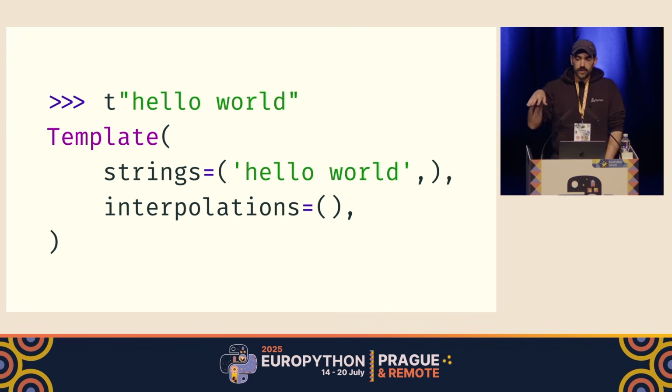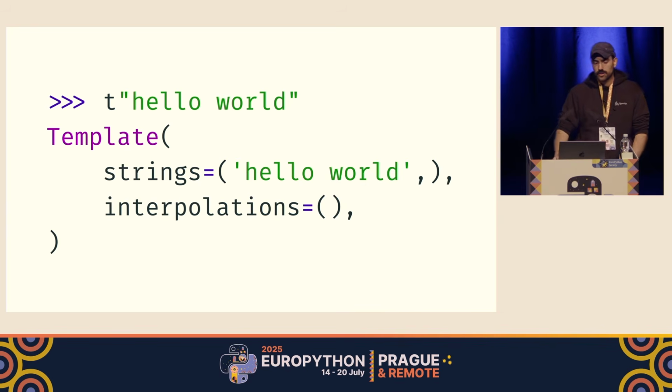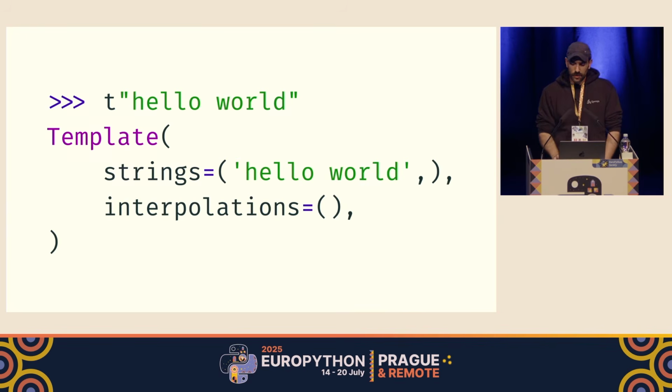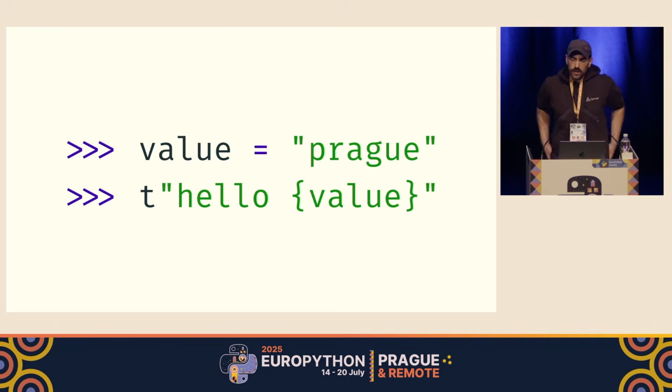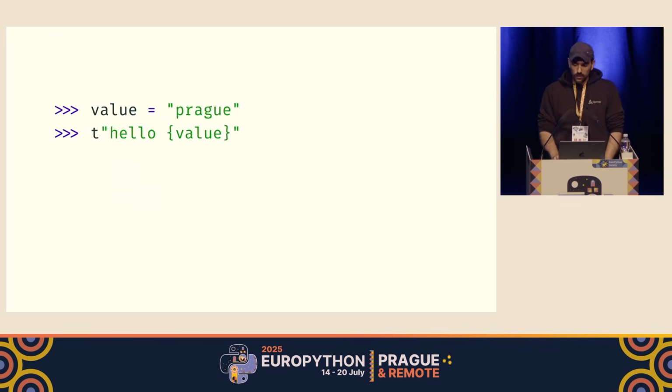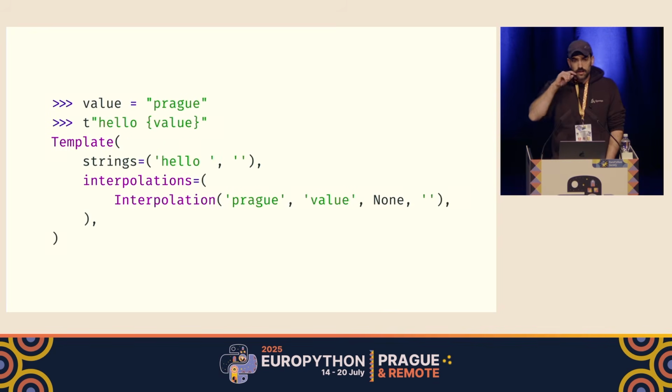So, for example, in this case, t"hello world", we only have static parts, so only the strings tuple is populated, interpolations is empty. But what happens in case we have something like this? We get access to the static part, the hello, but we also get access to an interpolation object, which gives us the value of the variable we're interpolating, or any expression for that matter.